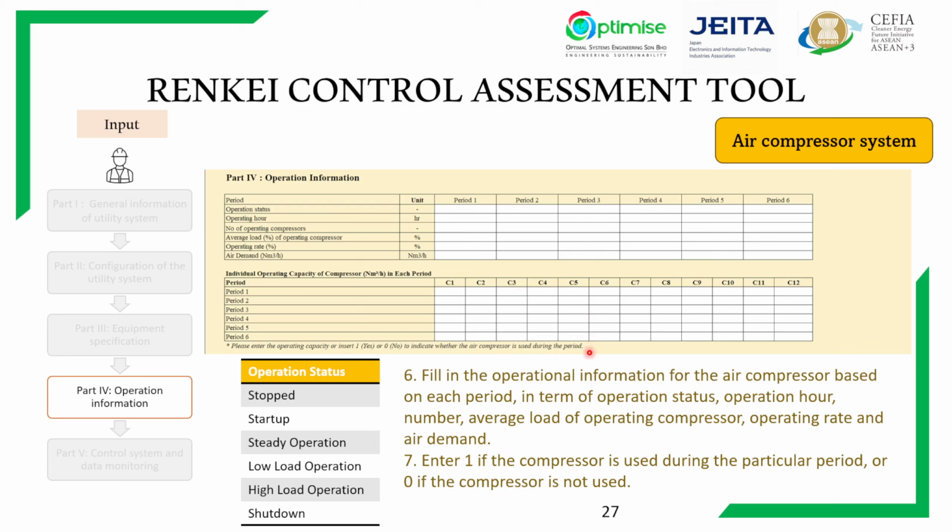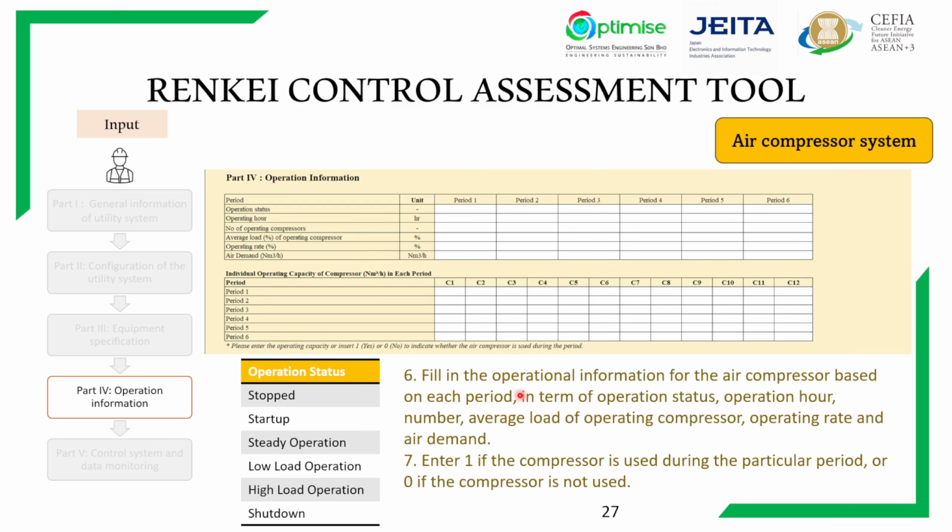Or if you are very diligent, you can key in the exact value of the operating capacity of the compressor. This is the important part for further analysis on RENKEI potential: how do you operate your compressor? Our RENKEI control experts know what to do with it.